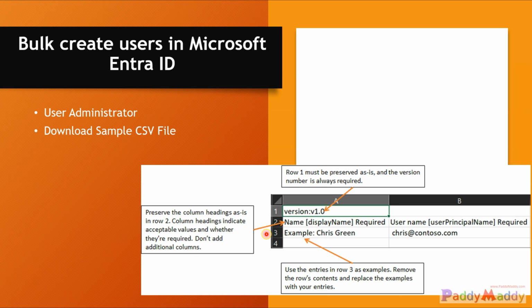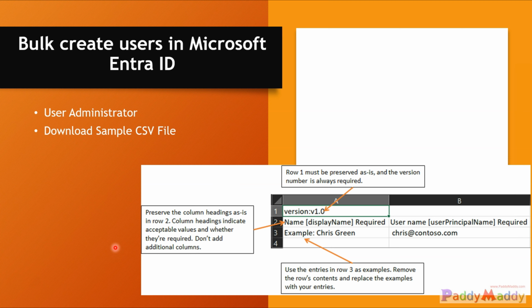Just in case you're trying to create only a single user account with the bulk operation, then you might have to add it in row 4 and keep row 3 as it is. That's only a limitation, I would say, because the main purpose here is to use the bulk operation, not a single user.